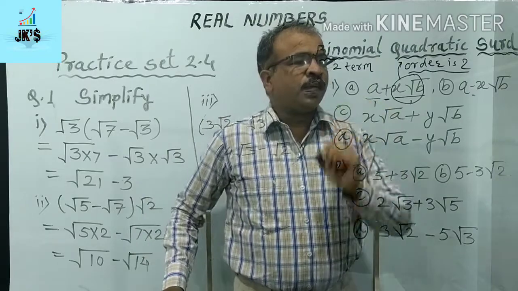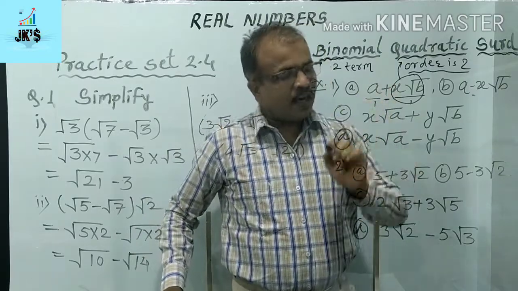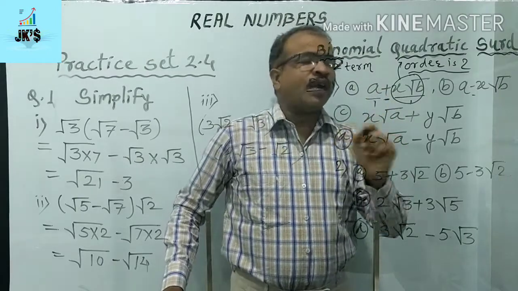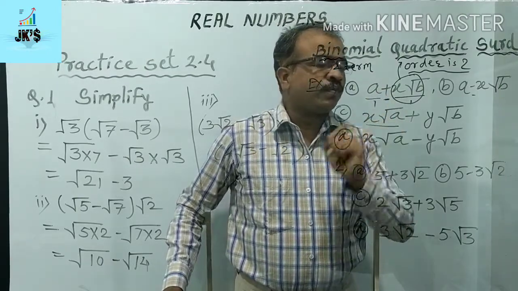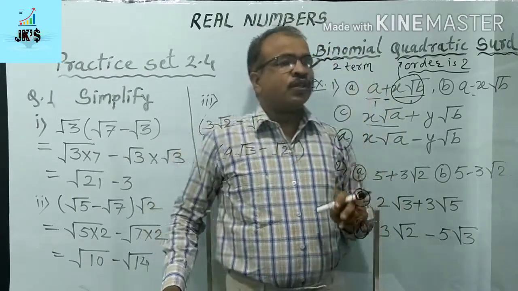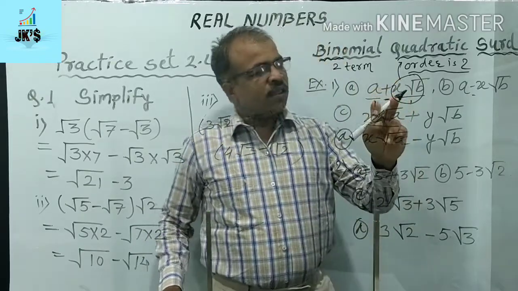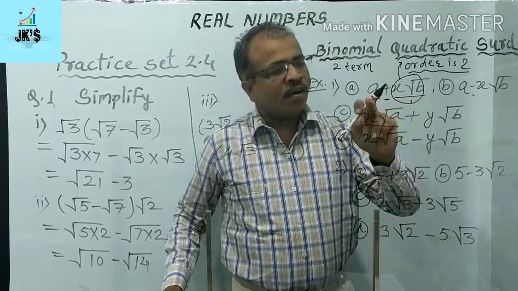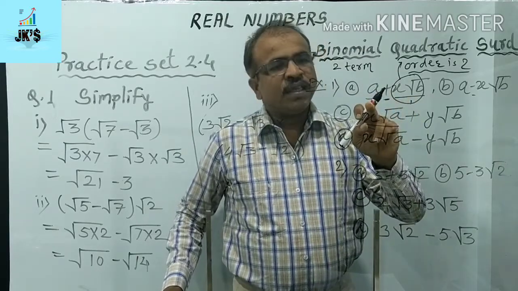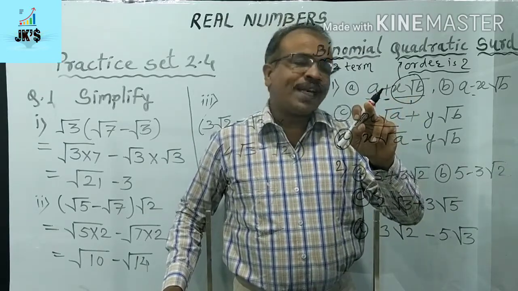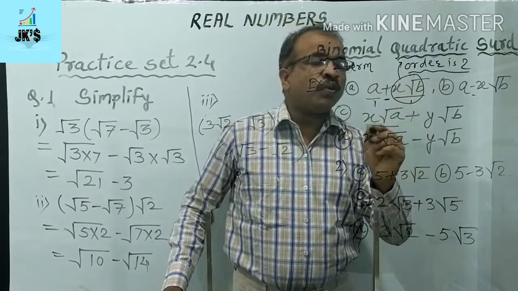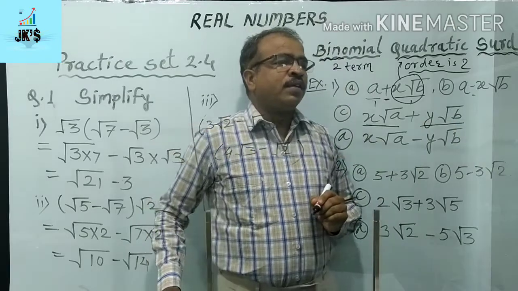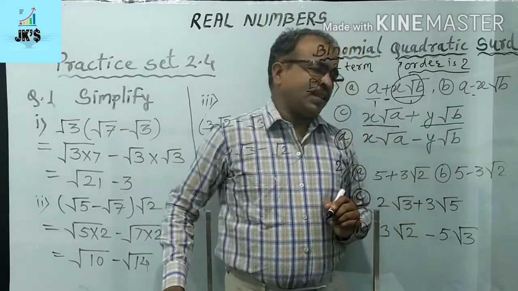And the other one is a non-zero rational number or a quadratic surd also. Means in these two terms, one is a quadratic surd and another one is a non-zero rational number, or both the terms are quadratic surds.